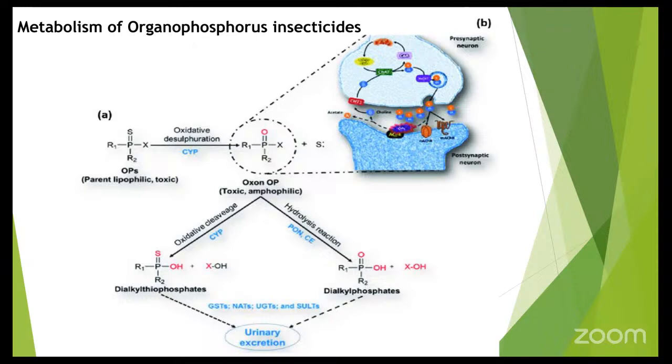The degradation of almost all organophosphorus compounds occurs primarily by hydrolysis, and the action of phosphatases on the anhydride linkage is of prime importance, followed by O-dealkylation, and oxidative O-dealkylation can also be seen. Dialkyl phosphates are further formed, which will be excreted through the urine.